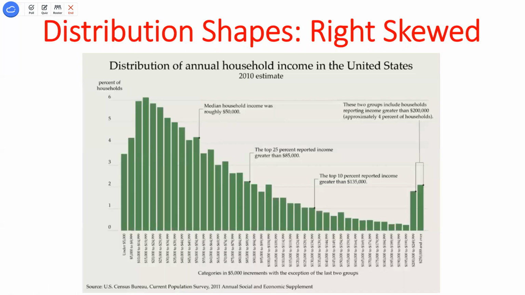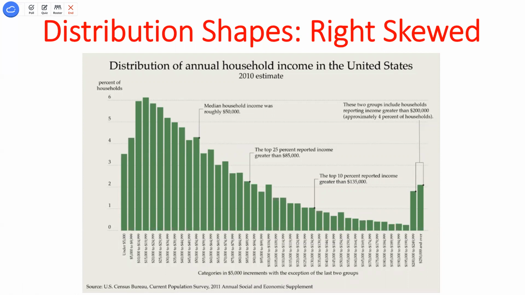If I had something like income data in the US, this is older income data, but it looks pretty similar. Now notice here, they create these bins of 5,000. Well, the problem is once you get up to like 250,000, you might want to create some catch-all categories. So they did a 200 to 250, and then over 250,000.